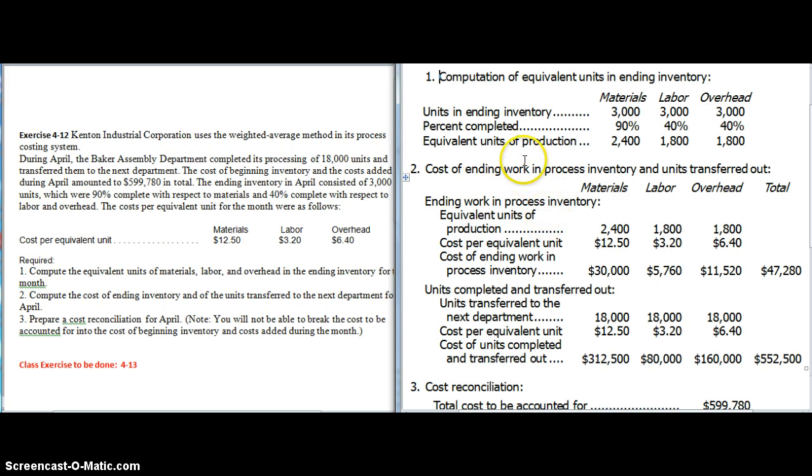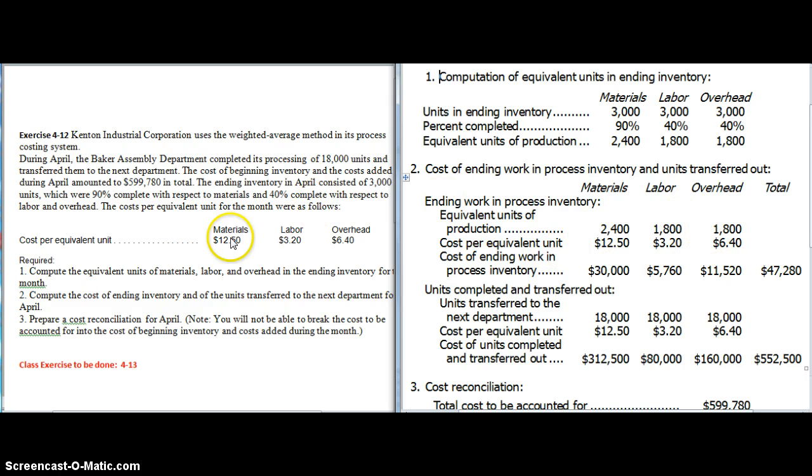You need the equivalent units of production in ending inventory, and you need the cost per equivalent unit, which is given here in the question. So let's begin with taking down the equivalent units of production in the ending inventory from the first part of the question: 2,400, 1,800, and 1,800.